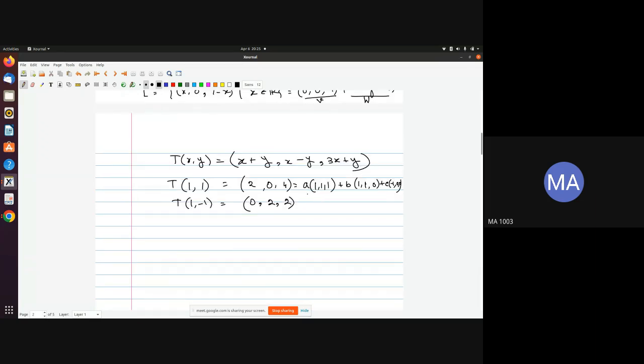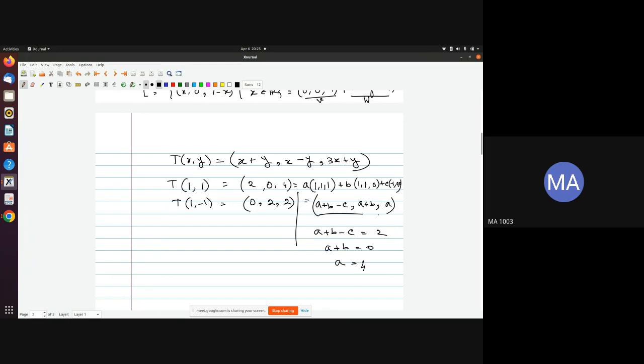So A plus B minus C, then A plus B, and the last one is A. The equations are A plus B minus C is 2, A plus B is 0, A is 4.